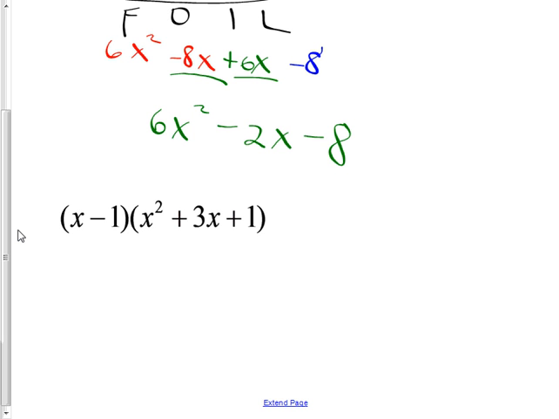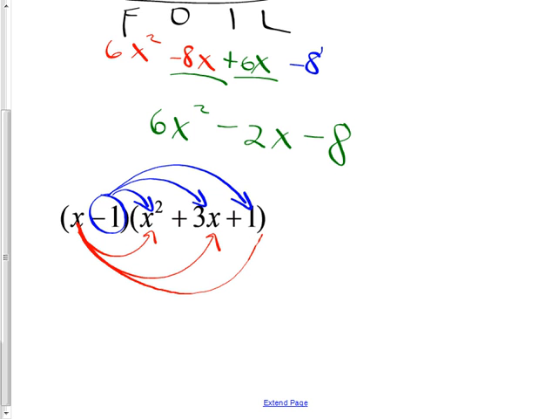This negative 1 here needs to get multiplied by this, and that, and that. And this needs to get multiplied by each thing too. Do you see how it kind of looks like a clam? At the top and the bottom part going together. All right, so there's the giant clam technique. There are 6 answers that you have to put together on this.